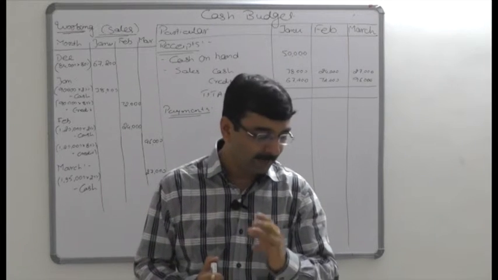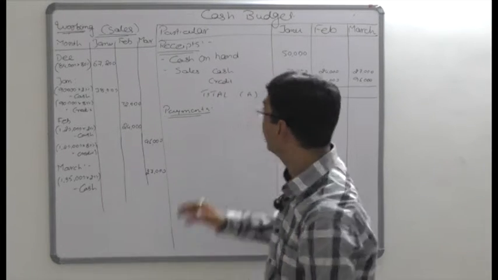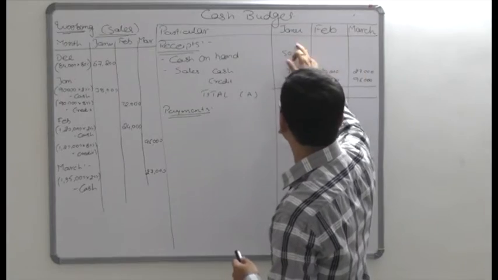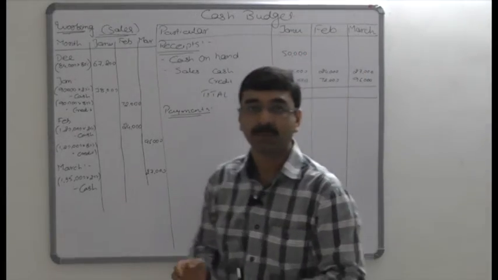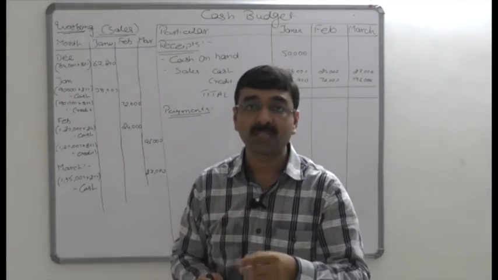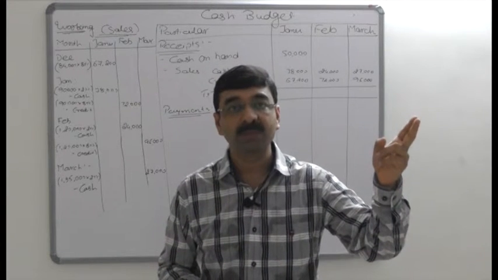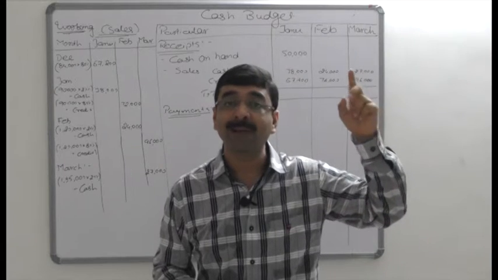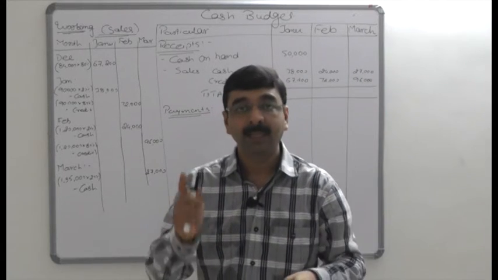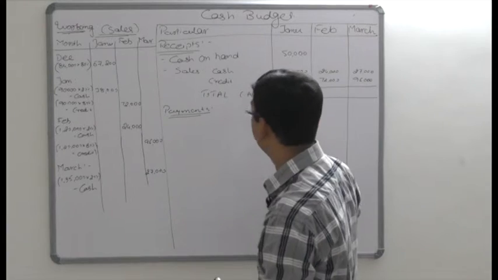Here we are preparing a cash budget for the months of January, February and March. So the purchase paid in the month of January is from 2 months before. Whatever purchase you have in the month of November, that amount will be paid in the month of January.